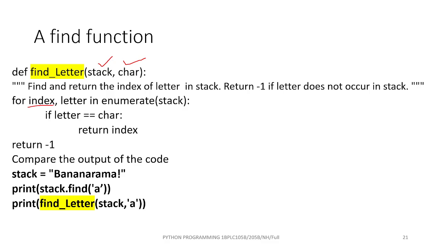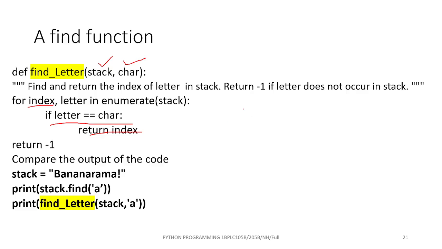So the for loop now uses two things: one is the index, the other one is the letter. You can use the enumerated form, because the enumerated version gives one index as well as the character. If that letter and that input character are matched, return the index.